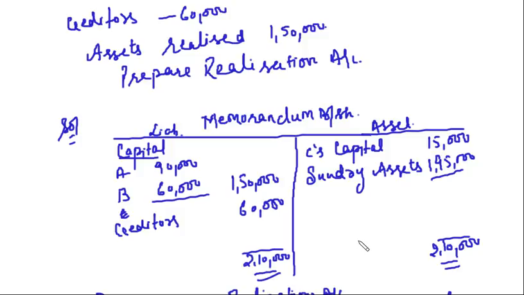One thing you can identify easily is there are sundry assets appearing in the books. Because it is given that assets realized 1,50,000. But what is the amount appearing in the books, that we don't know. So for that amount we prepared memorandum balance sheet, and once you have prepared the memorandum balance sheet, then you can prepare realization account, you can prepare partners capital accounts, and you can prepare the bank account.